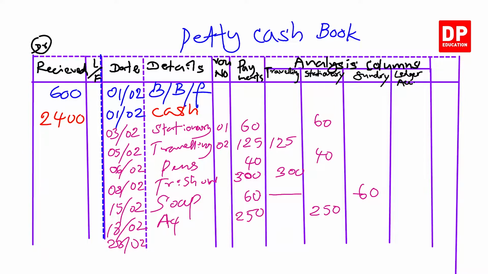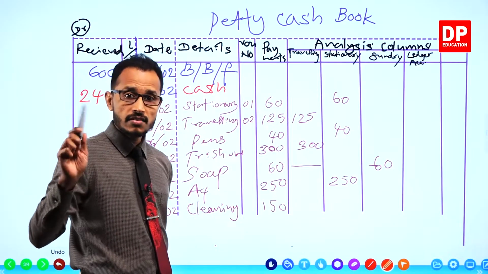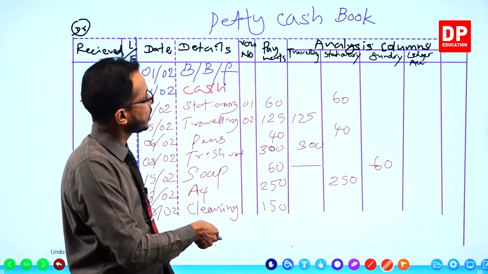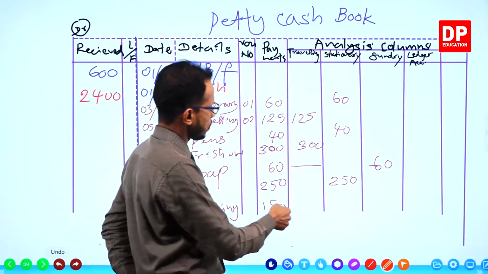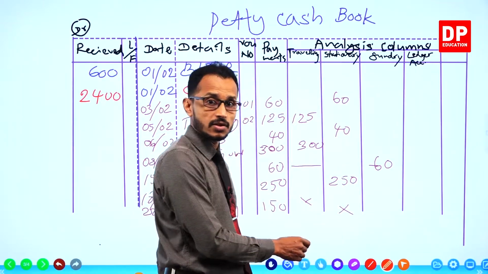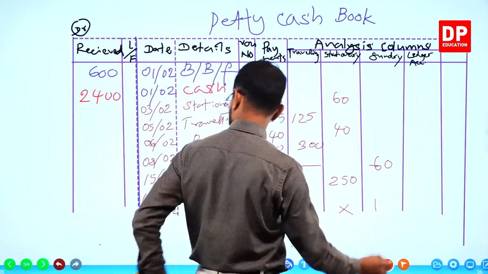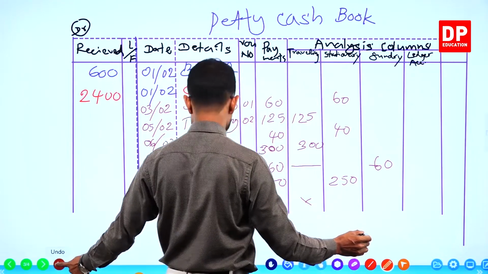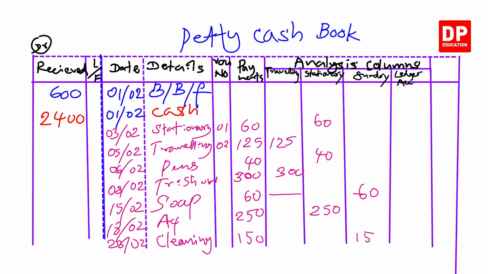We'll write cleaning and put the amount 150 to the payments column and the relevant analysis column. We don't have a specific column for cleaning, so we have to put it to the sundry column, right? Not to stationery, not to traveling, put to sundry. 150.